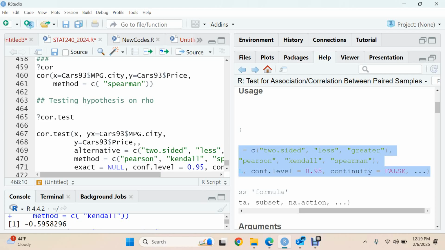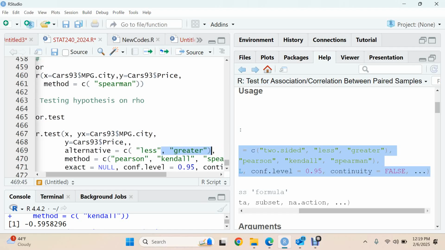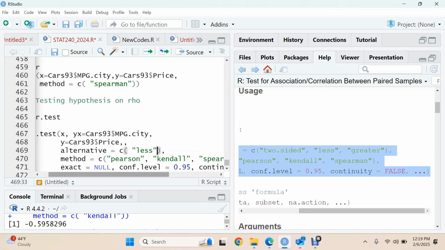We are testing this, so what should the alternative hypothesis be in R? Less. Good, you are right. It's not two-sided. If it were this one, we would select two-sided; if it is this, we select greater; and if it is this, we select less. So this one is less. We can delete two-sided and greater, and we are left with less.